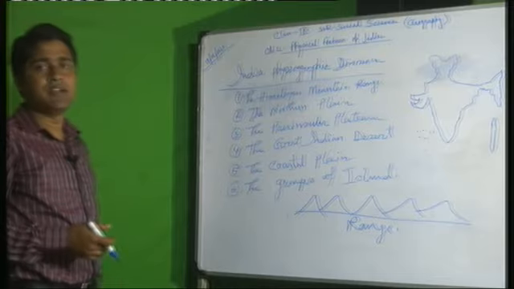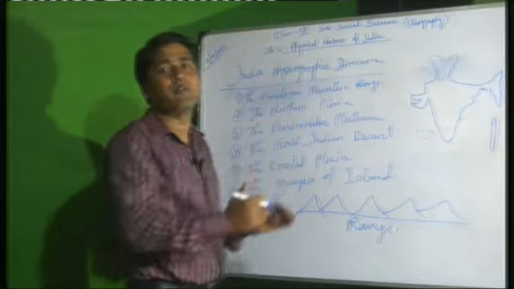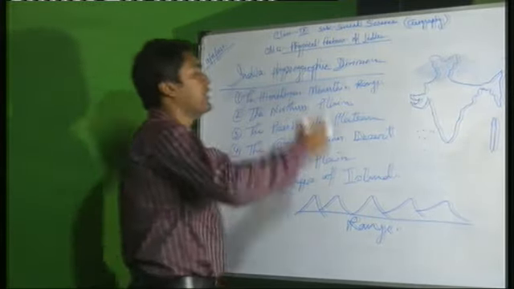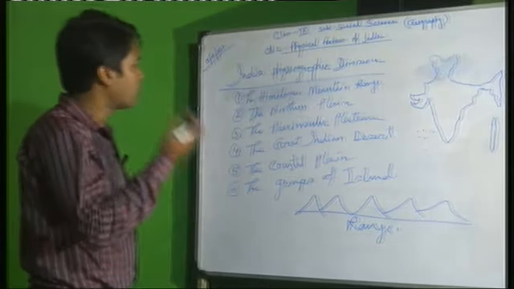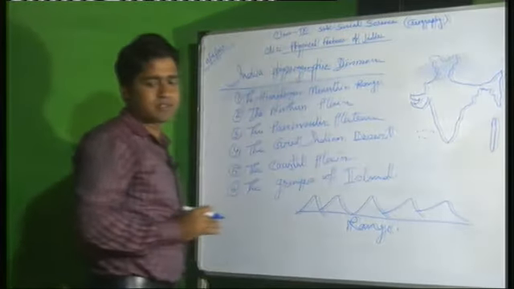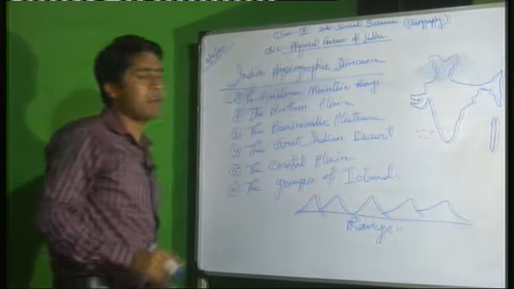There are diverse physical features, because we find mountain, plain and plateau along with desert, coastal plain and island in our country. That's why our country has great diversity according to cultural, social as well as physical features. Now the first topic, we will discuss the Himalayan mountain range.